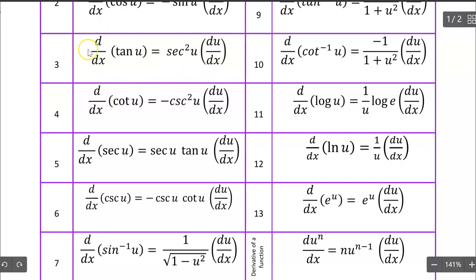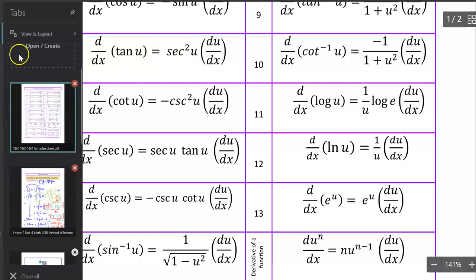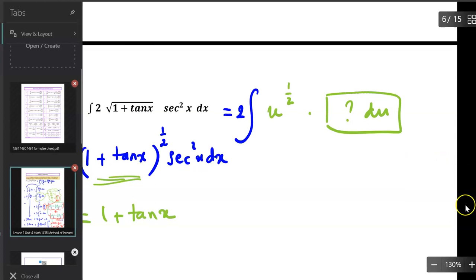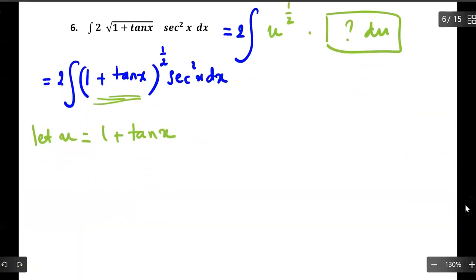This is formula number 3. You can apply these formulas to the differentiation of 1 plus tangent of x, and then somehow you will reveal the differential factor that you can match with the du. Now if I take the derivative of u, then I should have du over dx. The derivative of 1 is equal to 0.